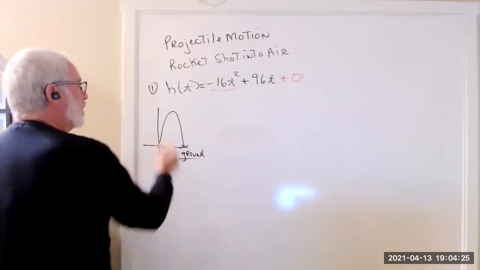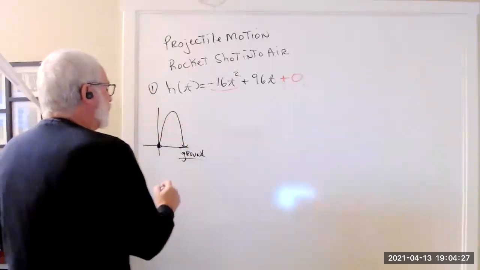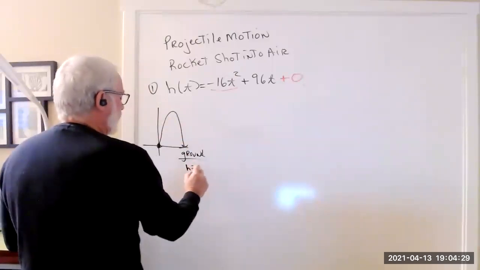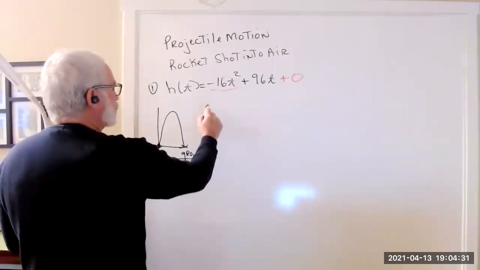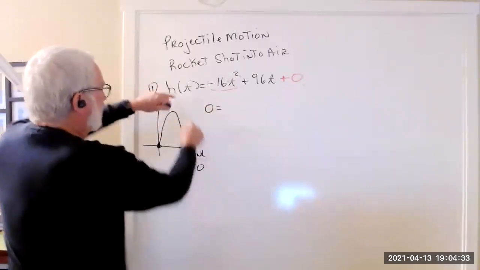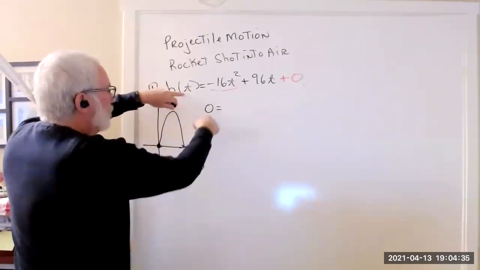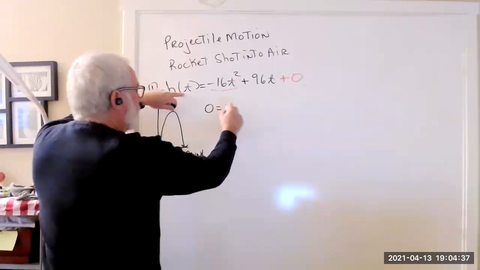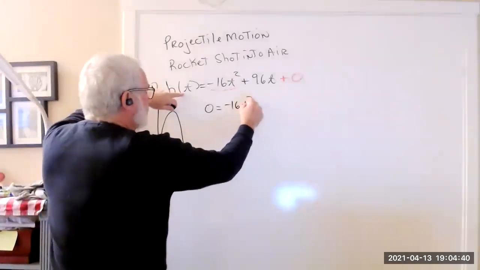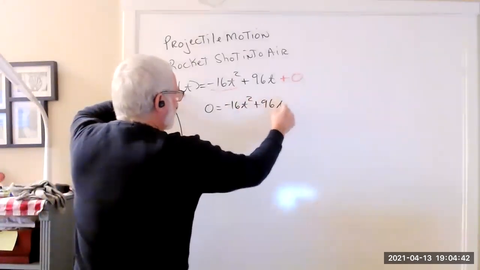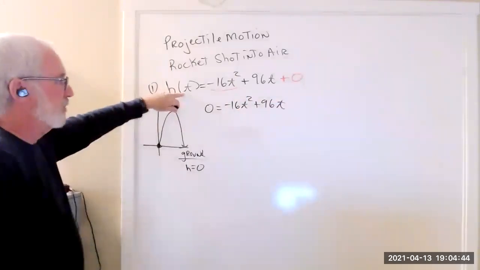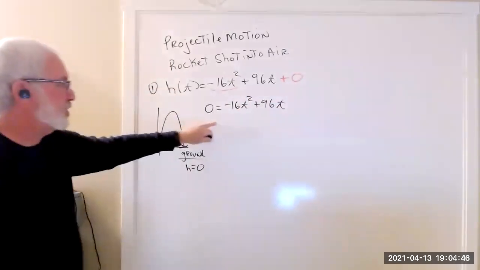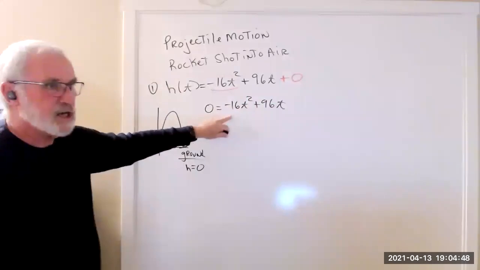We know that, so we want to know when the height is 0. That allows us to change this equation. Instead of H of T, we'll say the height is going to be 0 at some time. Solving this equation will solve for T.